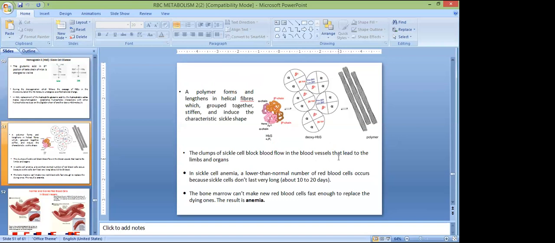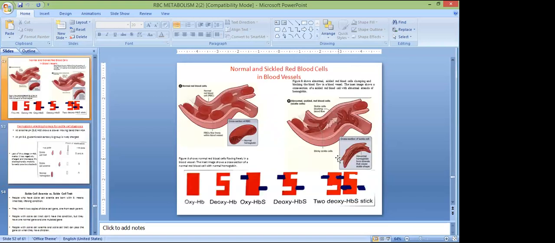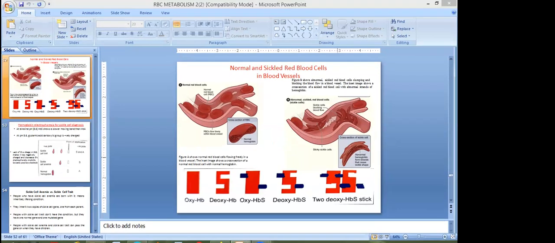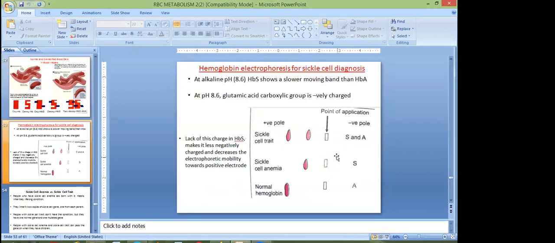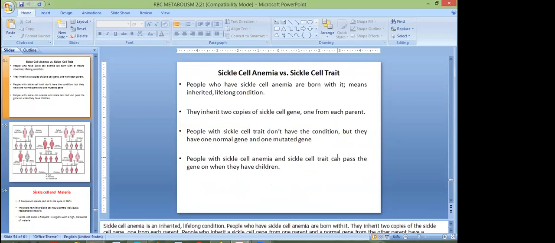And essentially, what happens with sickle cell disease is the issue is at the cell membrane, right?